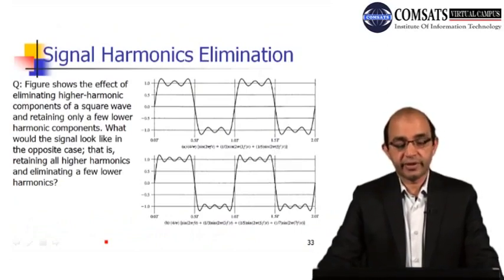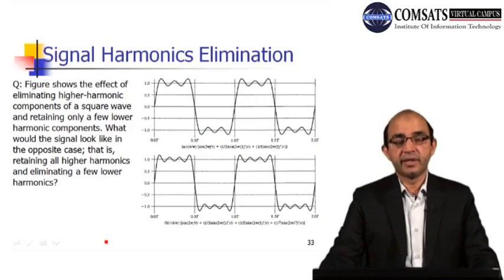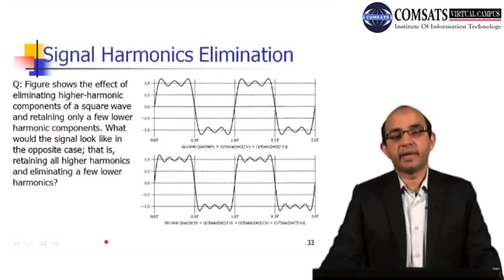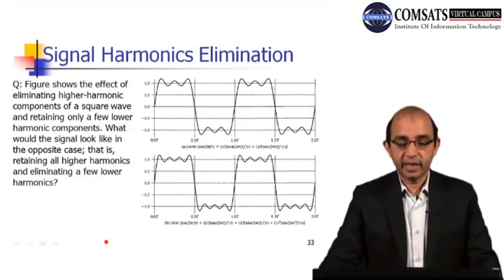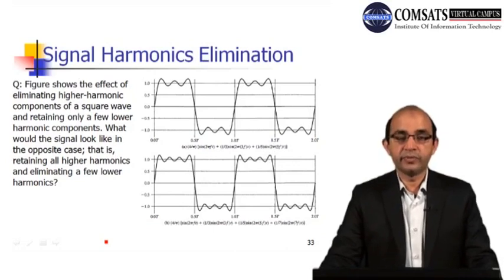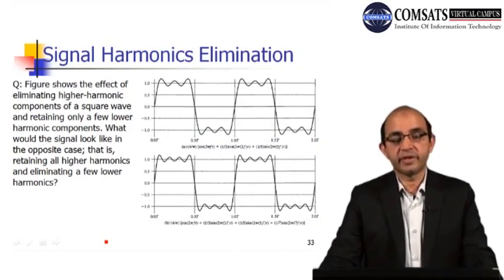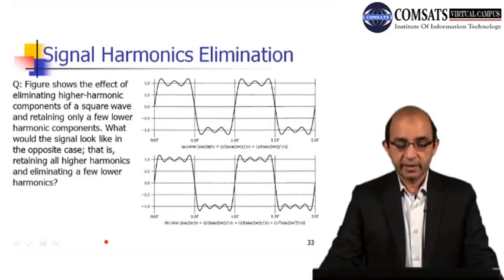So here we have another question that is relevant to signal harmonics. As we know, any signal can be decomposed into different frequencies, and those frequency components are called harmonics, right?